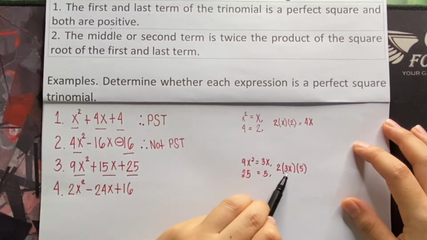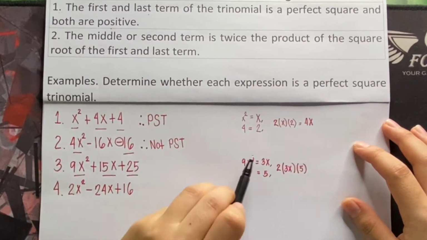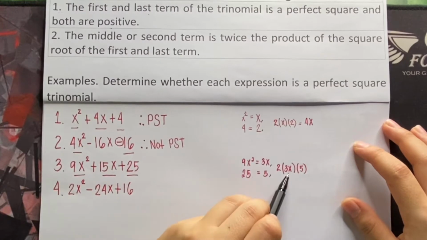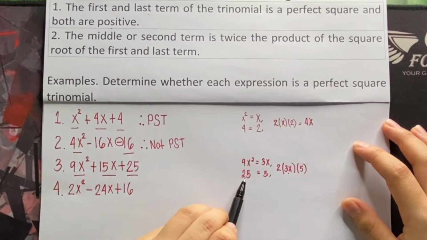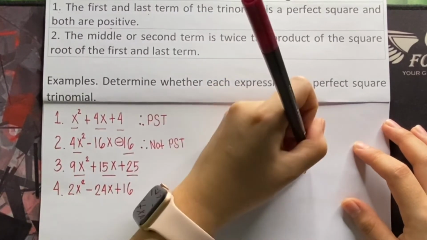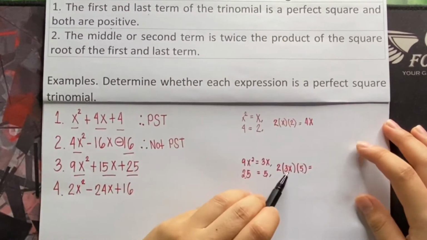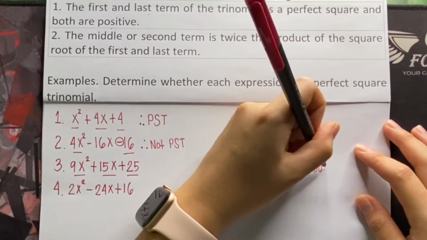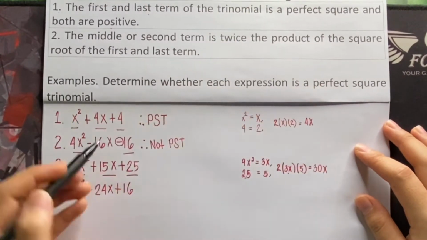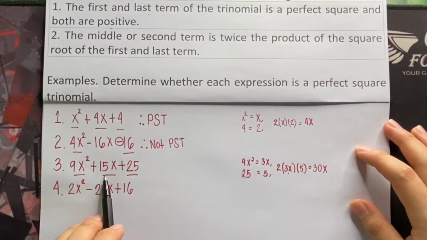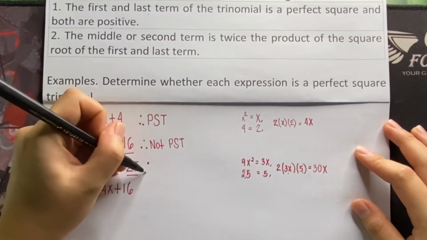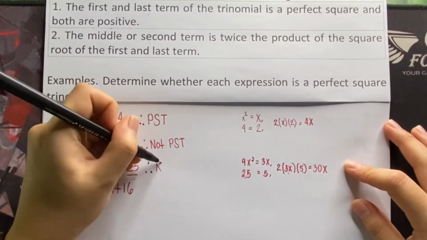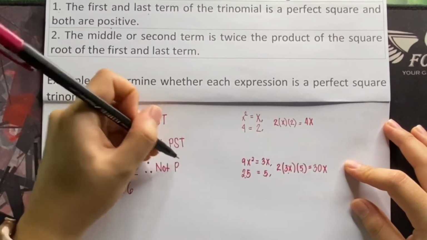Twice the product of the square root of the first term, which is 3x, and the square root of the last term, which is 5. Mumultiply lang natin. 2 times 3x, 6x, times 5, 30x. Same ba siya sa middle term? Which is, no, 15x. Therefore, this is not an example of perfect square trinomial.